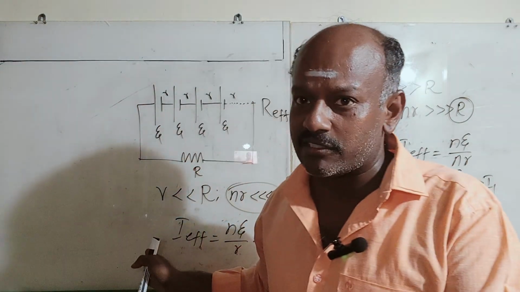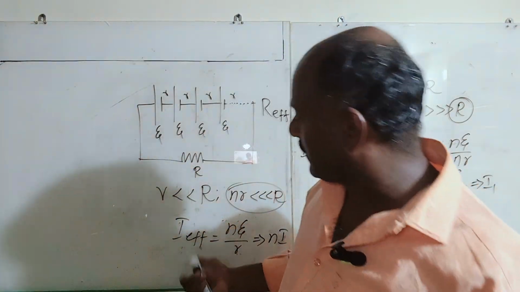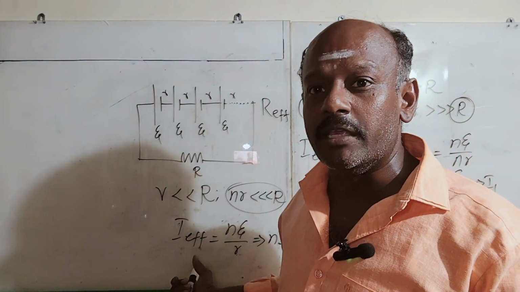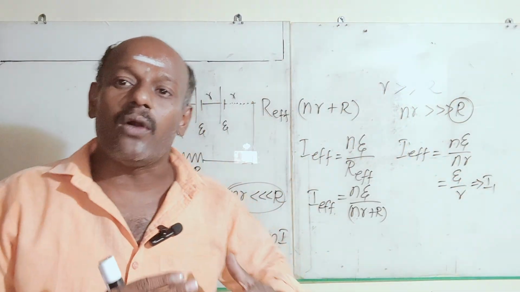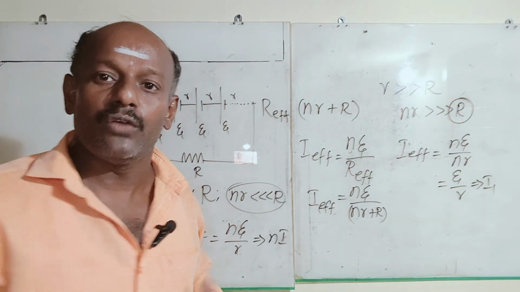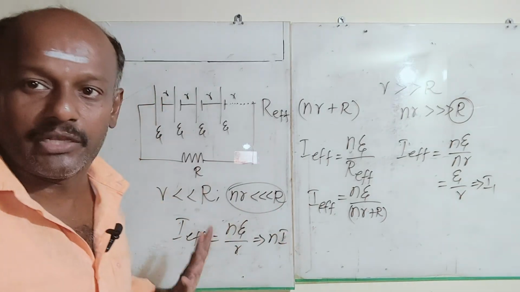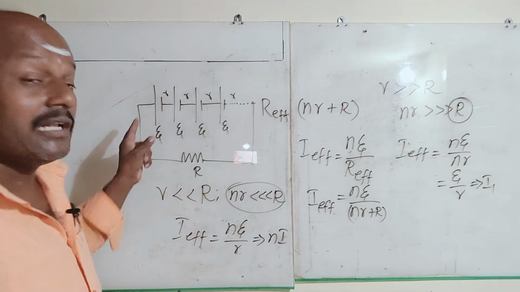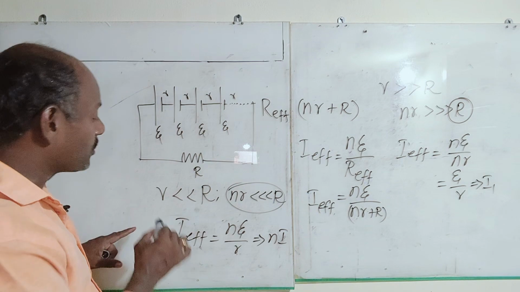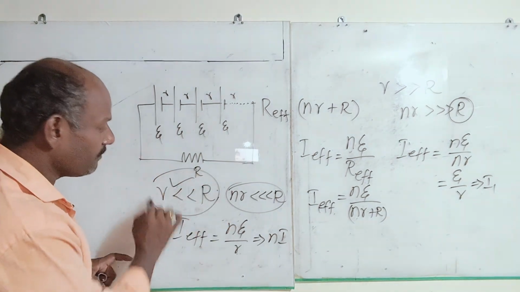This will be the best combination, because here the effective current is n times that of an individual cell. So we can have more current in this setup. When the cells are connected in series, we have to prefer this one.